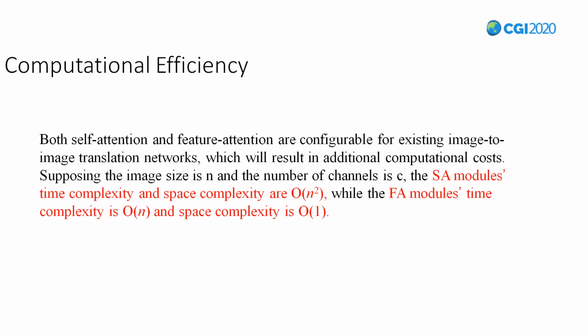Both self-attention and feature attention are configurable for existing image-to-image translation networks, which will result in additional computational costs. Supposing the image size is n and the number of channels is c, the SA module's time complexity and space complexity are O(n²), while the FA module's time complexity is O(n) and the space complexity is O(1).